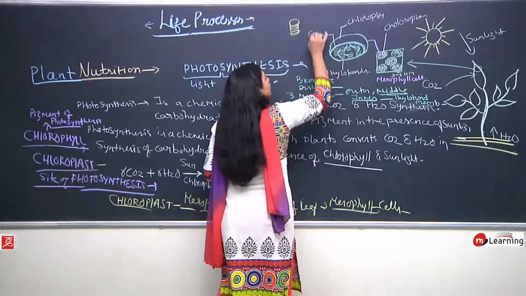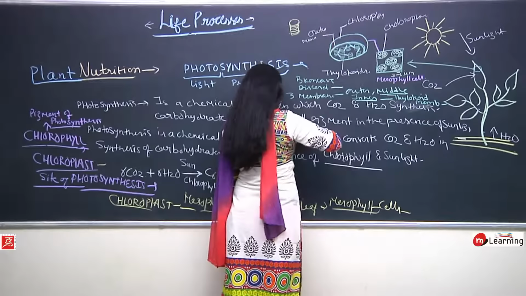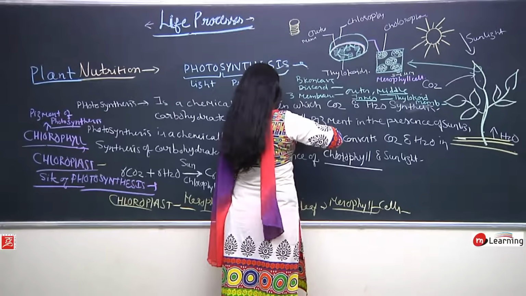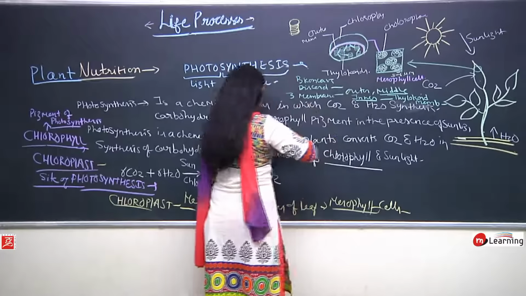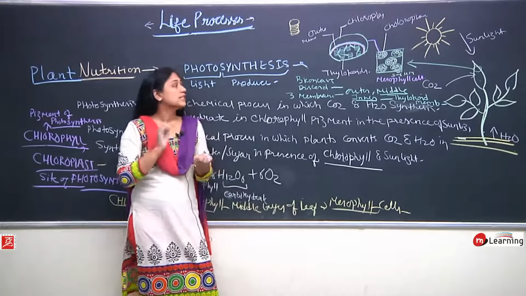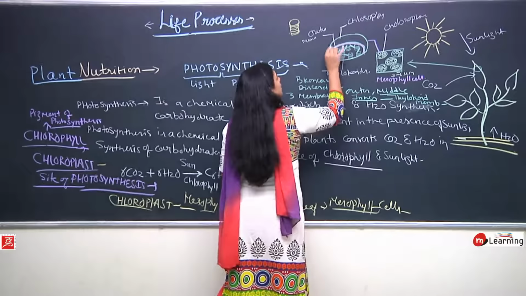Then the outer membrane, the middle membrane, and then the inner membrane, the thylakoid membrane, which is covering the thylakoids.